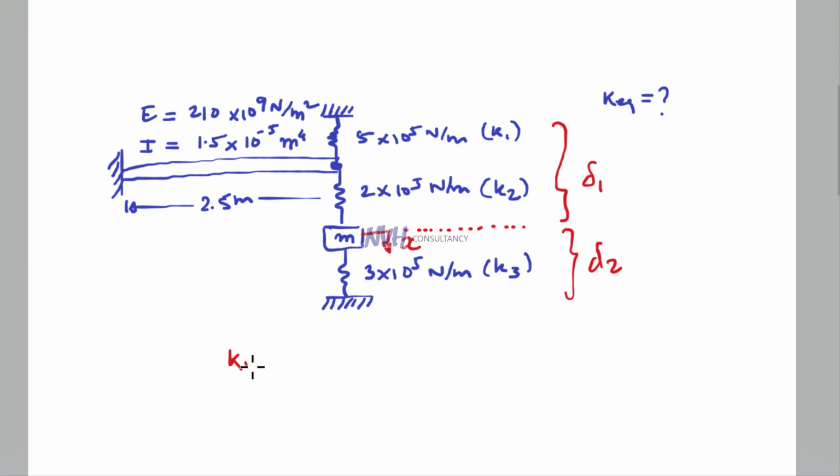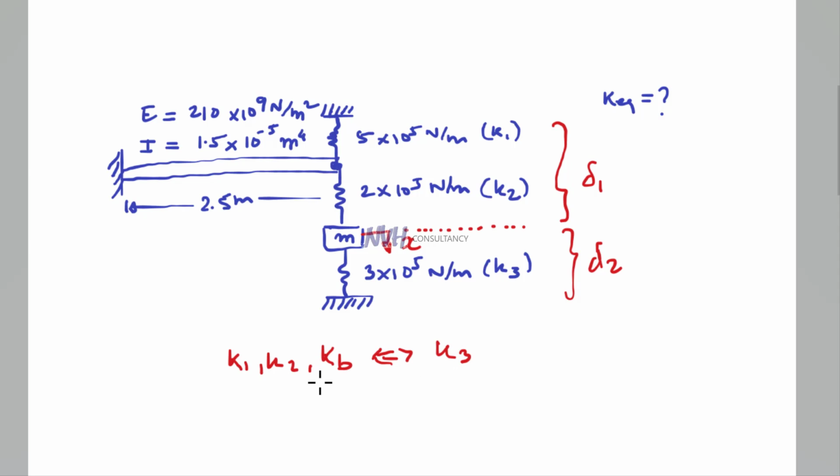Okay, so what that means is that K1, K2 and Kb, that is the stiffness of the beam, are having the same deflection as K3.